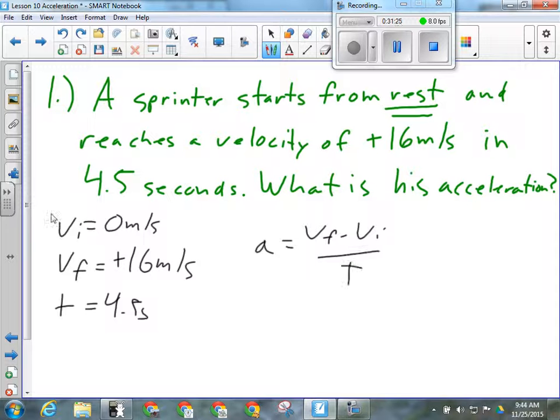Now, here's the importance, guys, of writing down your givens. I was asked to find acceleration, and I was given these 3 things. Is there any other formula on your formula sheet that you got yesterday that has those 4 things in it? No. That's why you want to write down your givens. If you're ever lost and read a question like, I have no idea which formula I'm going to use for this, write down your givens and then match them up.